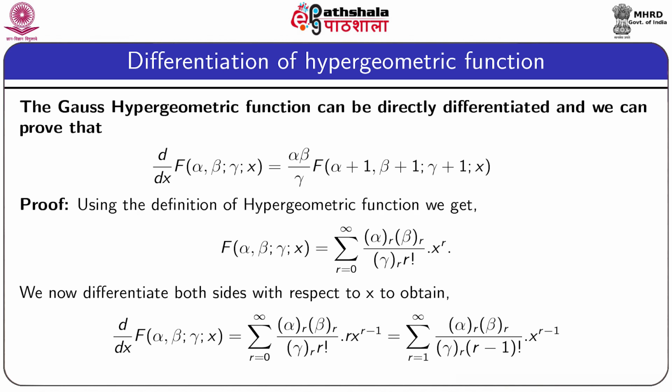Please note, we have replaced this summation from r equal to 0 to r equal to 1 because here it is r minus 1 factorial and you cannot put r equal to 0 here, which will be undefined.